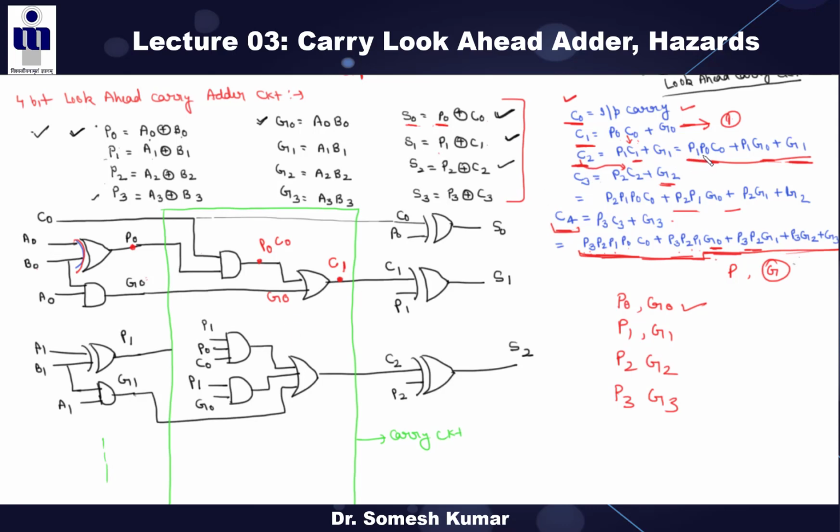C2 is P1 dot P0 dot C0, so this is P1, P0, C0. This is C2.